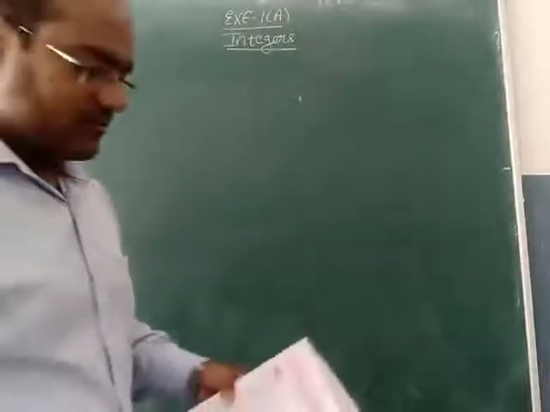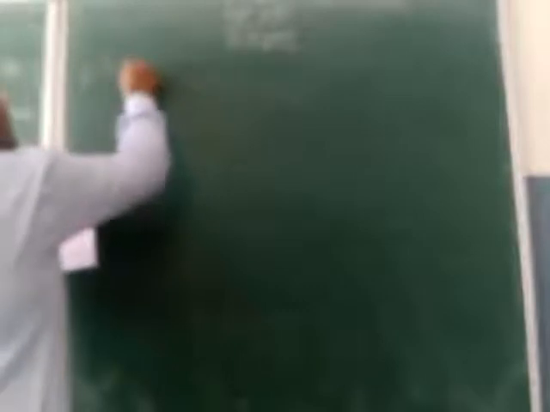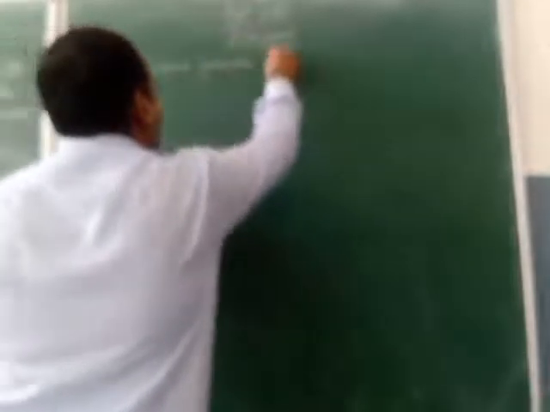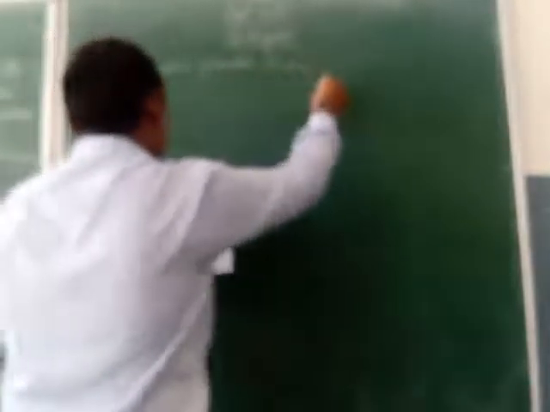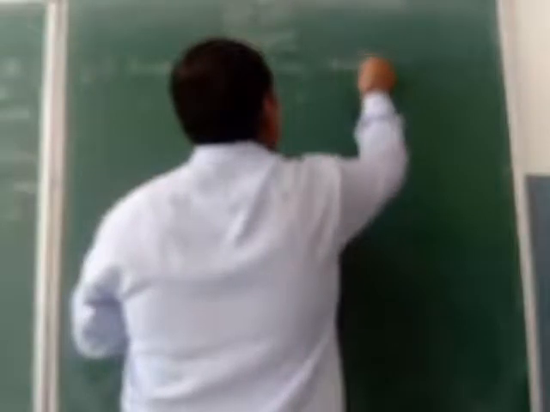We have to write set builder as well as tabular form. First question, part number first. Integers greater than -4 and less than 1.